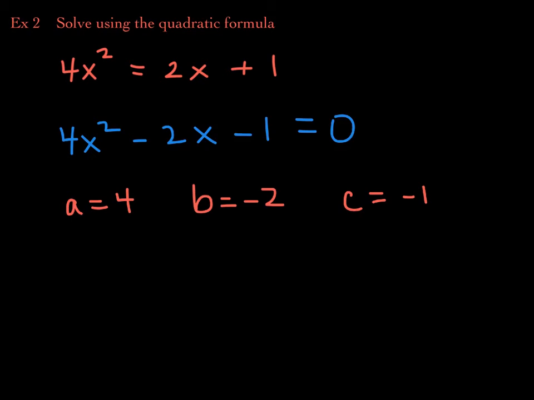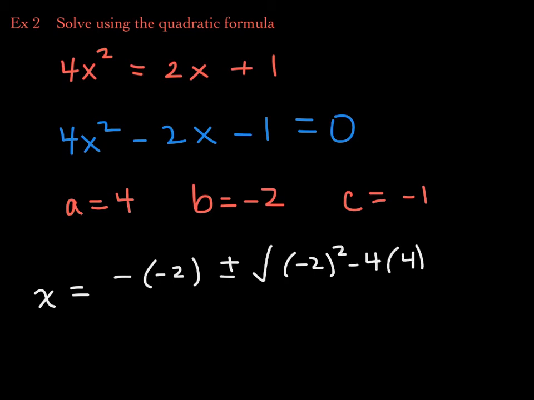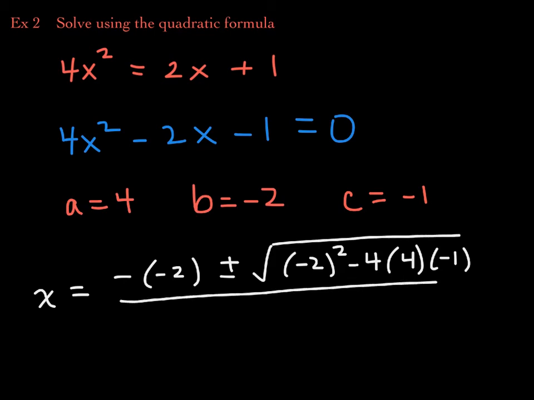Let's use these values as we plug them in to the quadratic formula. All right, you're solving for x. X is your variable. So x is equal to negative negative 2 plus or minus the square root of negative 2 squared minus 4 times negative 1. Don't forget everything over 2 times 4. Okay, that was me using the formula.